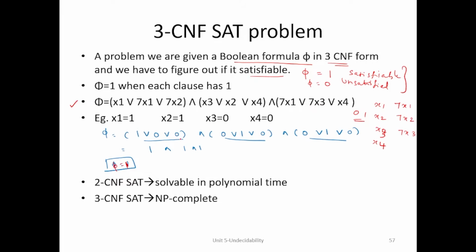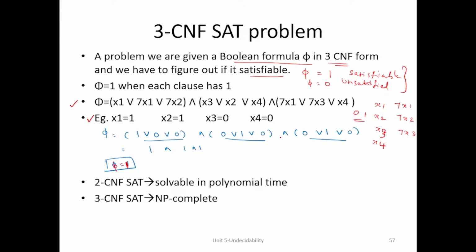It is an OR combination, so if any one of the values is 1, the answer is 1. The first clause answer is 1, the second clause answer is 1, the third clause answer is 1. These 3 clauses are combined with AND, so the final answer is 1. So it is a satisfiable problem with x1 equal to 1, x2 equal to 1, x3 equal to 0 and x4 equal to 0.